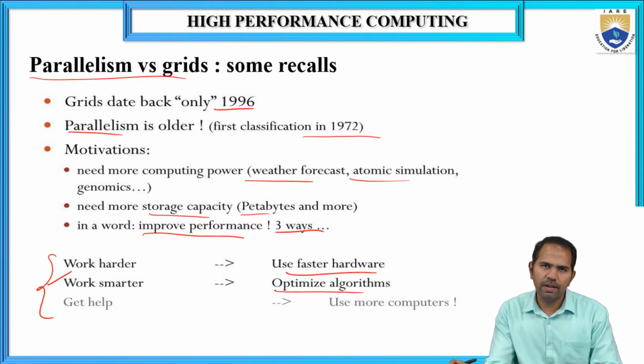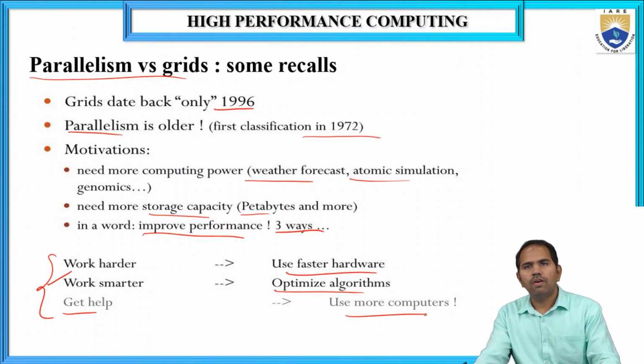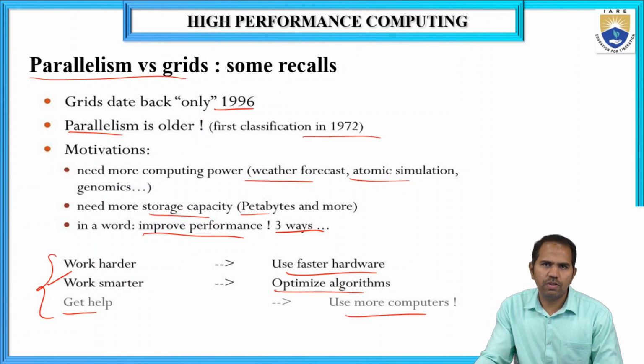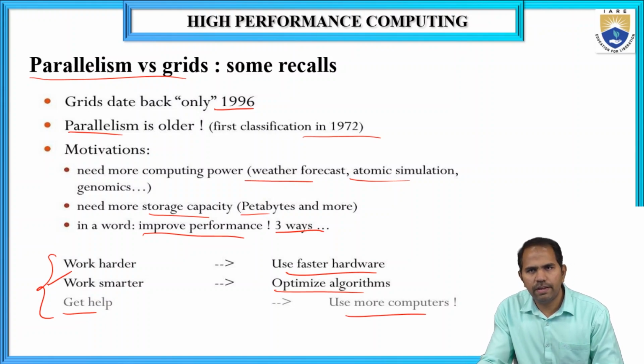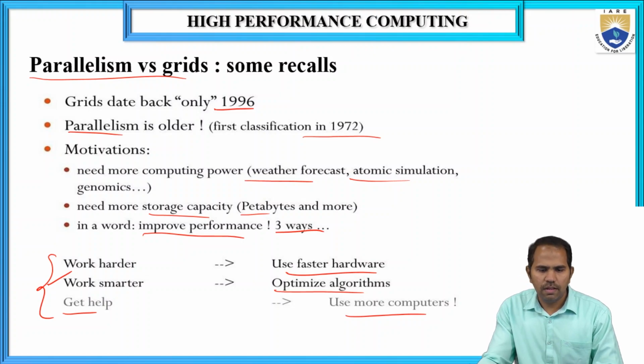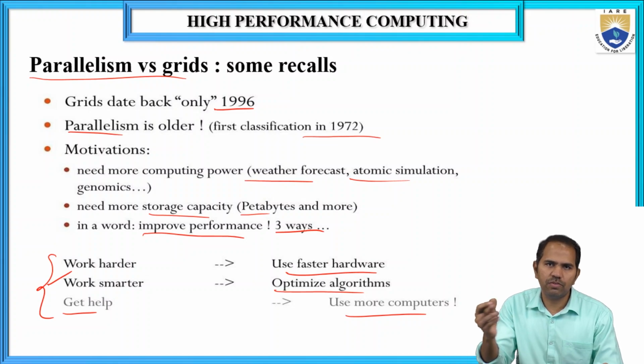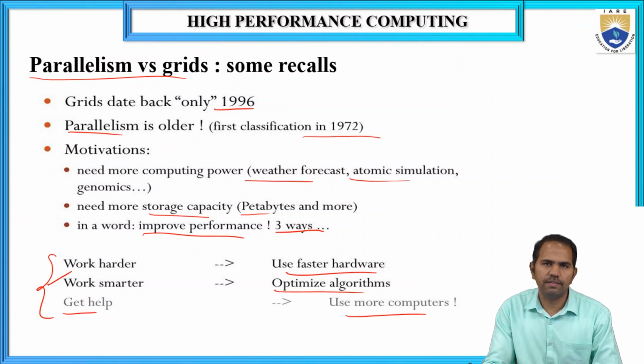The work should be done in less time, so the algorithm should be optimized. Third, get help: taking help from different computers, the problem can be solved in fewer seconds. These are the three ways we can achieve performance.